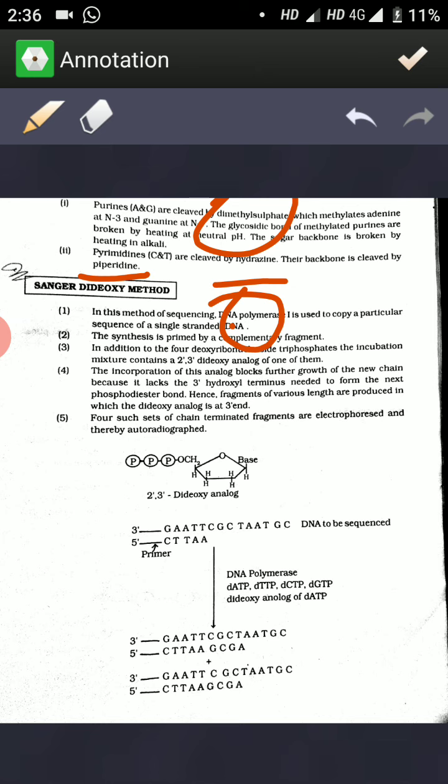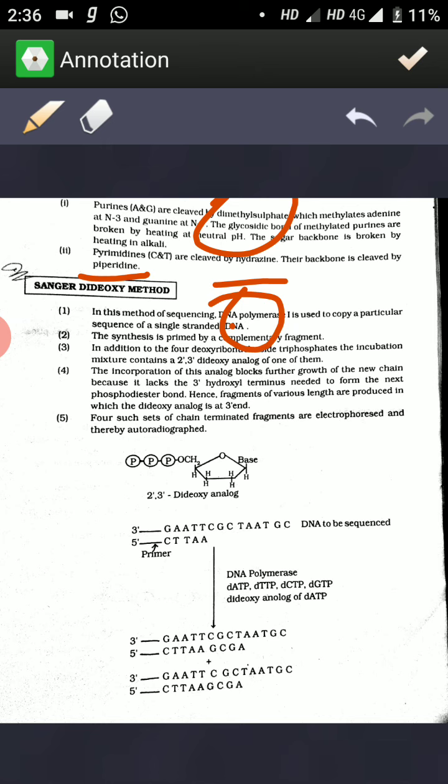The synthesis is primed by a complementary fragment, and in addition to the 4 deoxyribonucleoside triphosphates, the incubation mixture contains a 2',3'-dideoxy analog of one of them. The incorporation of this analog blocks further growth of the new chain because it lacks the 3'-hydroxyl terminus needed to form the next phosphodiester bond. Hence, fragments of various lengths are produced in which the dideoxy analog is at the 3' end.